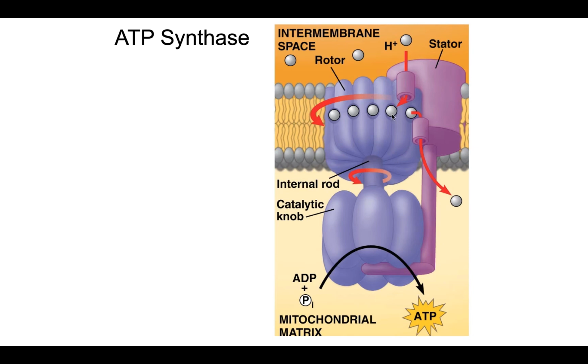As they pass through, it quite literally spins this rotor here, which then interacts with this catalytic knob, and that is the energy necessary to take what is normally an endergonic reaction, ADP plus inorganic phosphate to make ATP, and make it into an exergonic reaction, coupling the proton flow to making ATP.